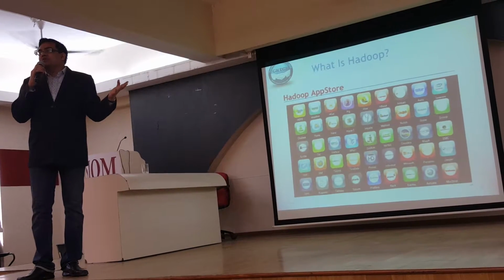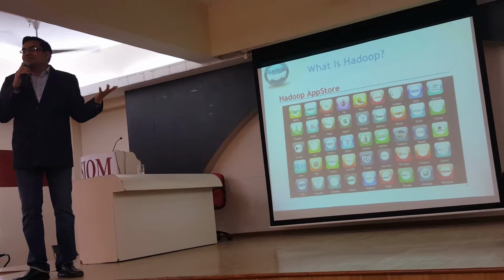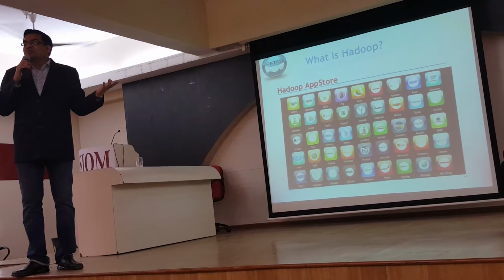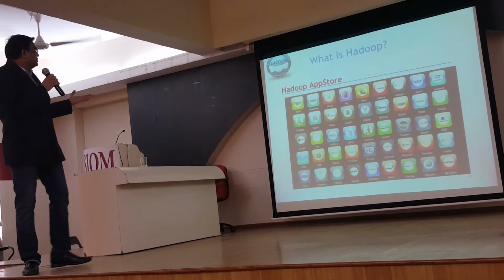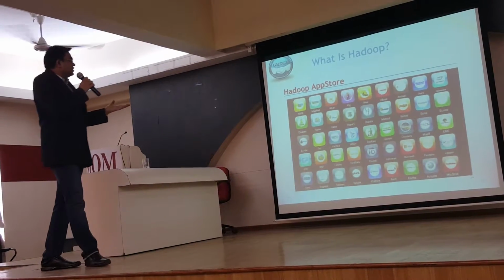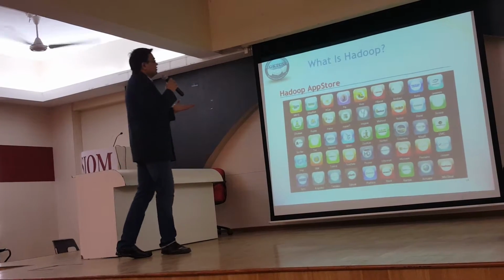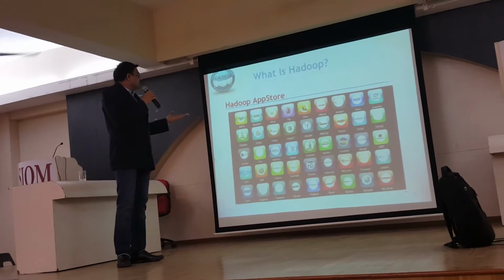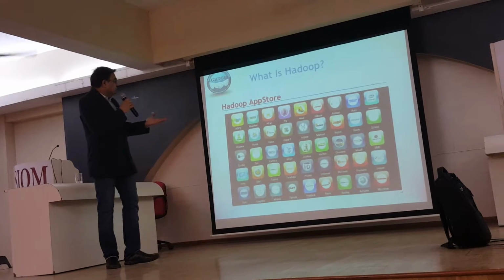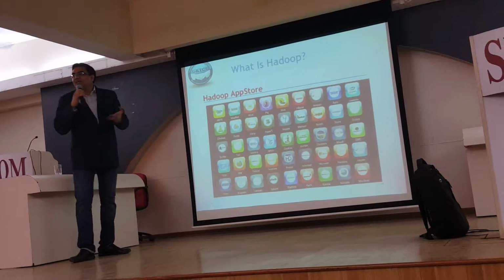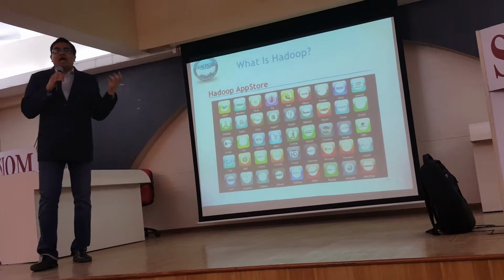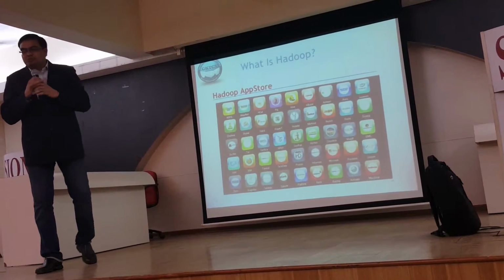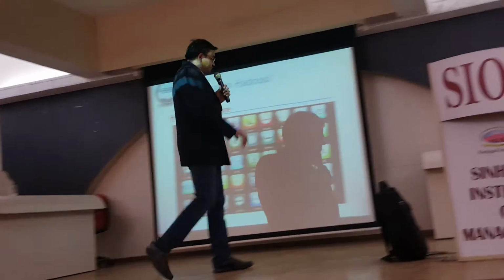We just think about Pig, Hive, Sqoop or HBase, but now there are so many: MapReduce, HCatalog, Pig, Hive, HBase, Ambari, Avro, Cassandra, Flume, and that many apps are developed on top of Hadoop, and many more.